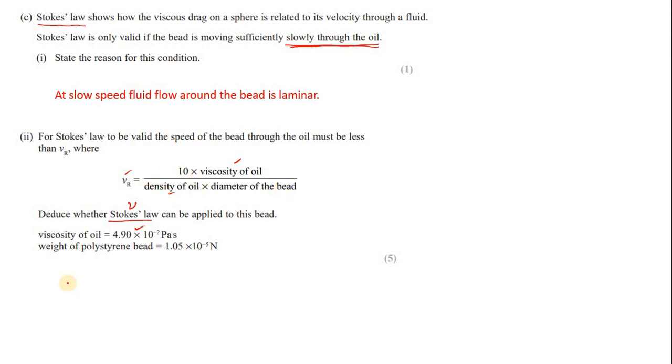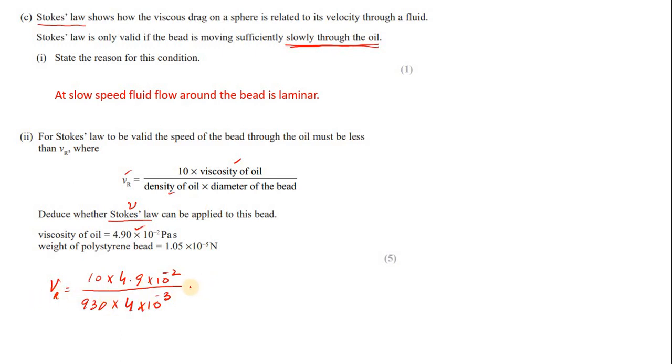So VR is equal to 10 times the viscosity of the oil, 4.90 into 10 to the power minus 2, divided by the density, 930, into the diameter of the bead, 4 into 10 to the power minus 3. There is no square, nothing else. You can calculate VR.